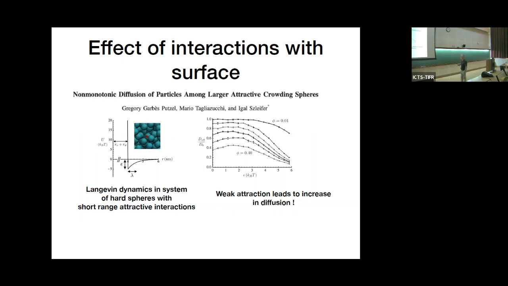So this weak attraction leads to an increase in diffusion, which I personally found a very intriguing and interesting result. Okay, so this happens for the numerical simulations for disordered sphere configurations and for ordered sphere configurations in 2 and 3 dimensions.